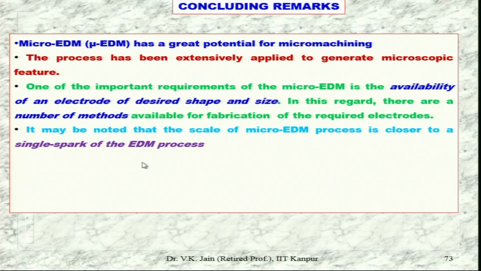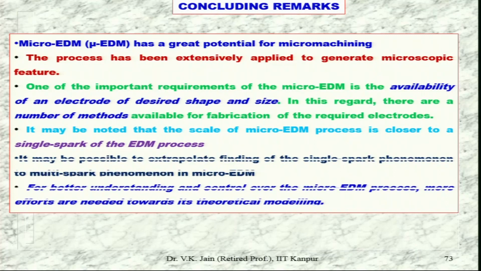However, multiple sparks are also there in certain processes under certain conditions, but theoretical work is almost negligible as far as multiple spark EDM and EDMM are concerned. It may be possible to extrapolate findings of single spark phenomena to multi spark phenomena in micro EDM. So, that possibility has to be explored by the researchers before it can really be implemented on the shop floor.